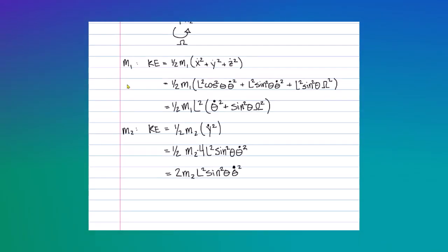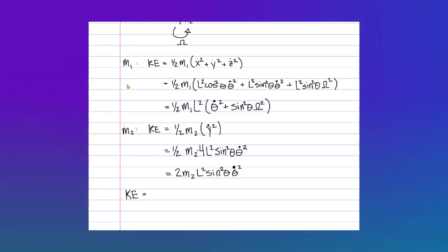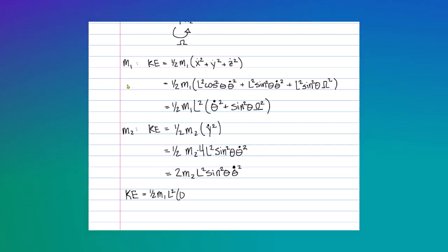So the total kinetic energy is just going to be 2 of the kinetic energy from mass 1 because there's 2 of them, and 1 of the kinetic energy from mass 2.